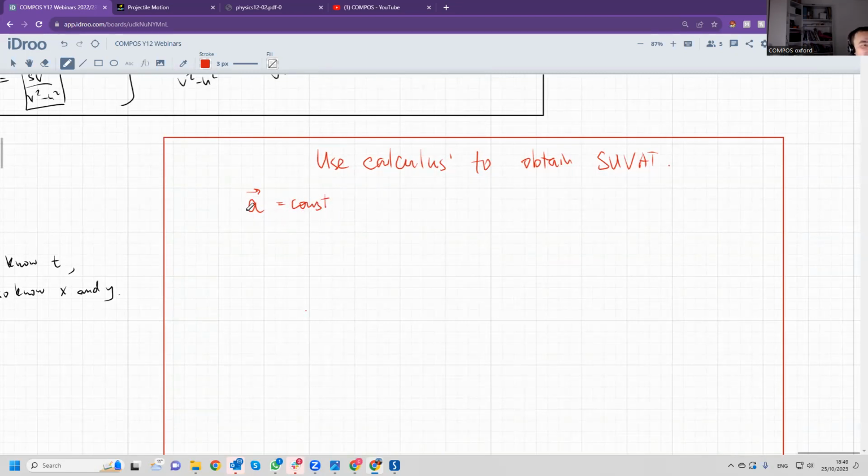Acceleration is constant. We know that acceleration is the derivative of velocity, and velocity is the derivative of displacement, dr/dt.